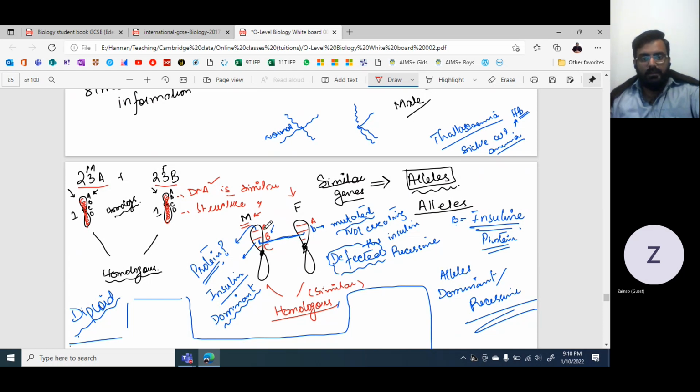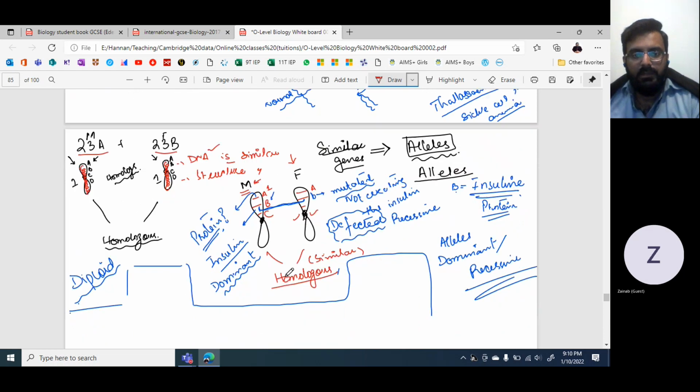So if there is a gene at position number 1 of this chromosome, and it is a homolog, then there would be a gene at position number 1 of this homolog as well. Why? Because these are homologs.